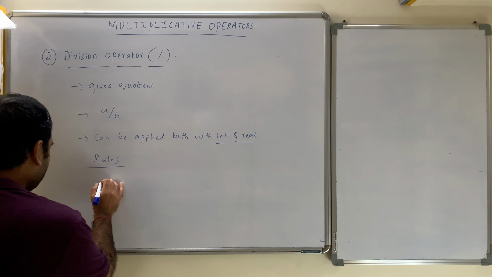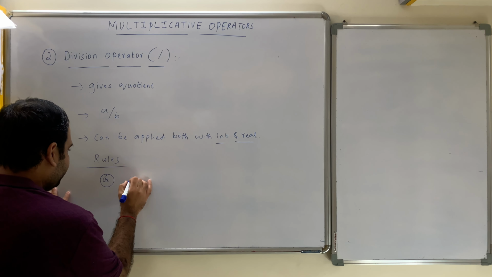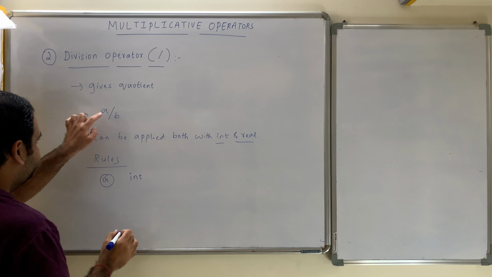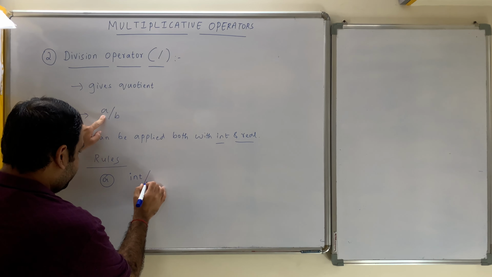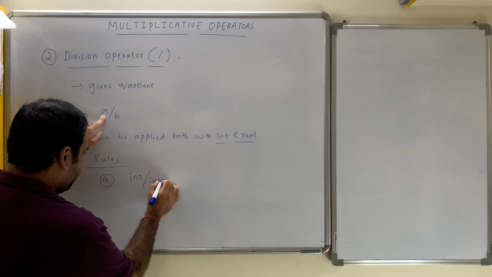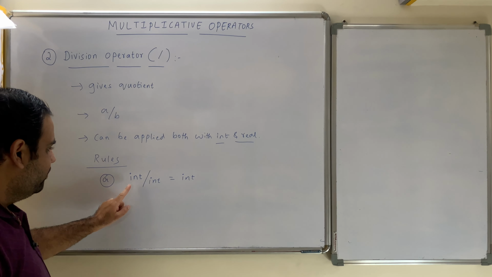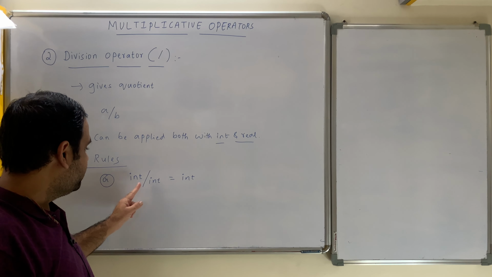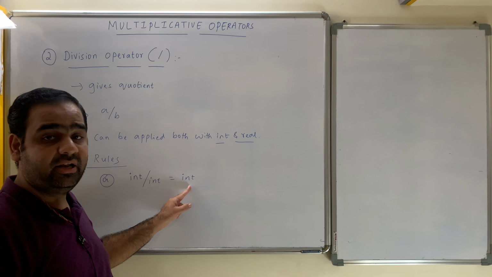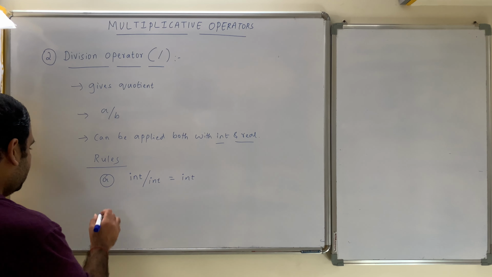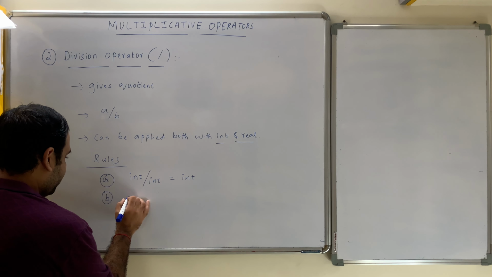Now let's see some of the rules for the division operator. Let's see the first rule. If the numerator, that is a, is integer and the denominator is also integer, then we get the answer as integer. We say the rule as integer by integer is equal to integer. We'll understand with the help of some examples. Next, the second one.